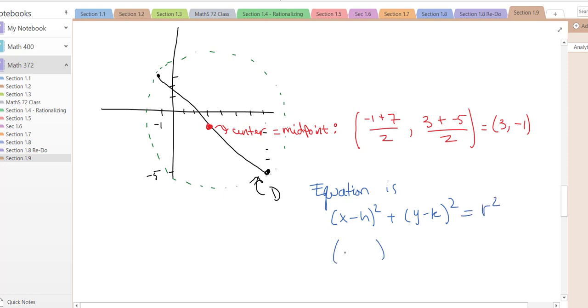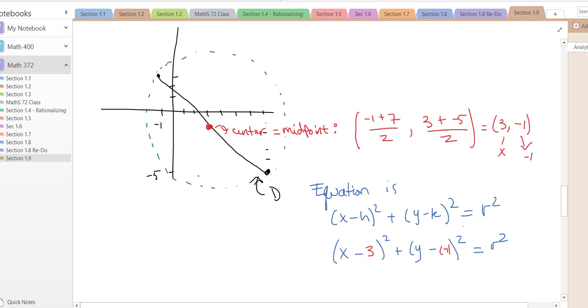So from this equation, what I just found are my x and my y coordinate. So my x coordinate was the 3, so x minus 3, and the y coordinate is the -1, so y minus -1. So I need to find the r squared.